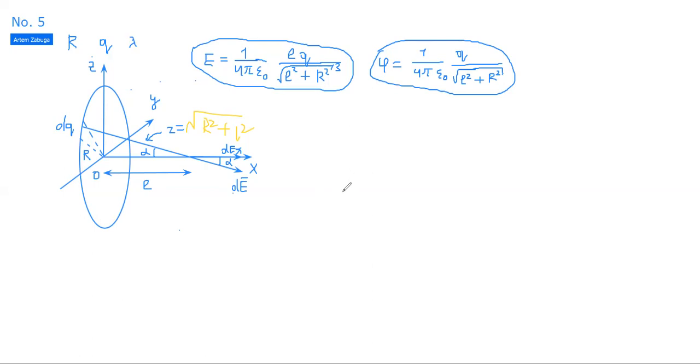Okay, do you have any ideas how to find the force of electrostatic interaction between the thread and the ring? How to find this?